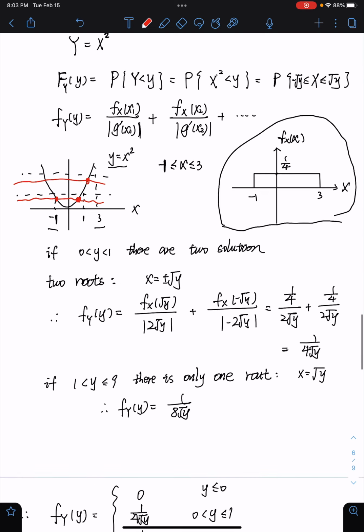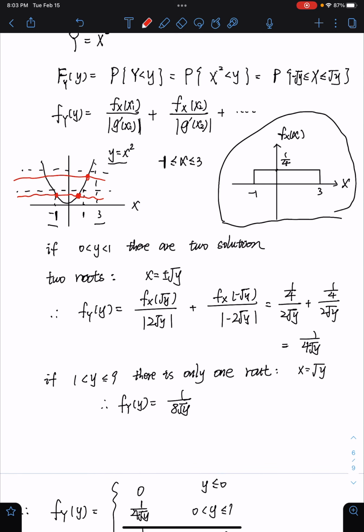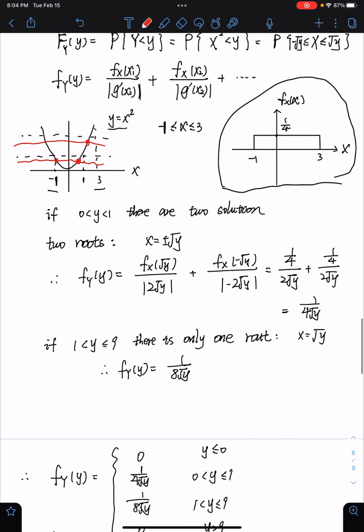So we have two conditions. First is y smaller than 1 and larger than 0. We have two roots, which are x equal to minus and plus the square root of y.